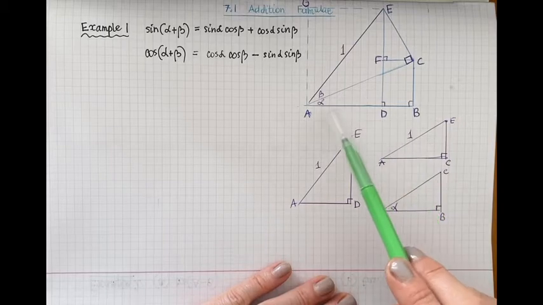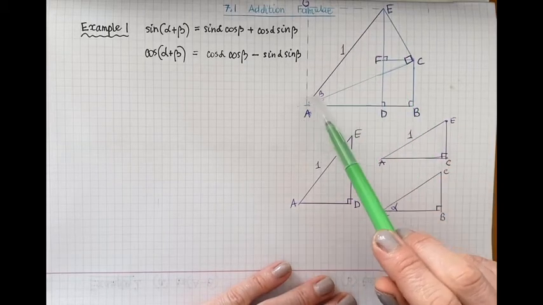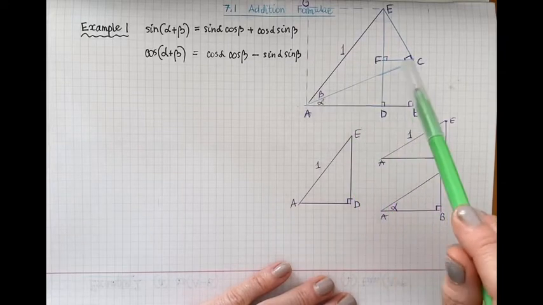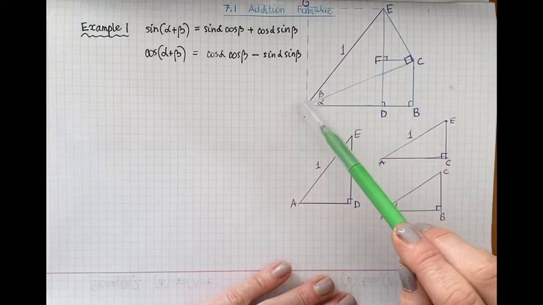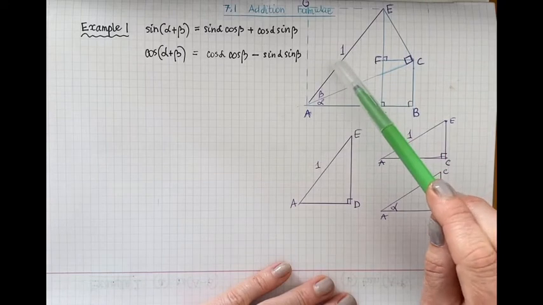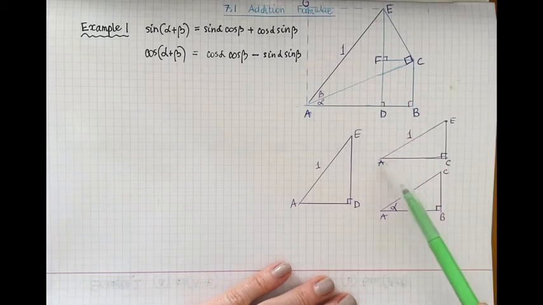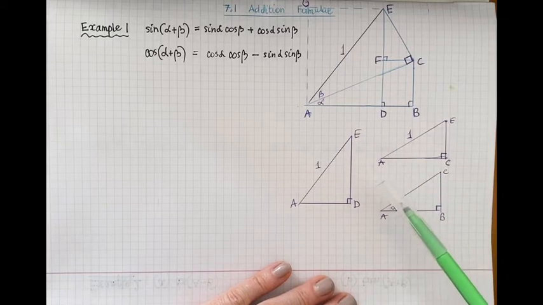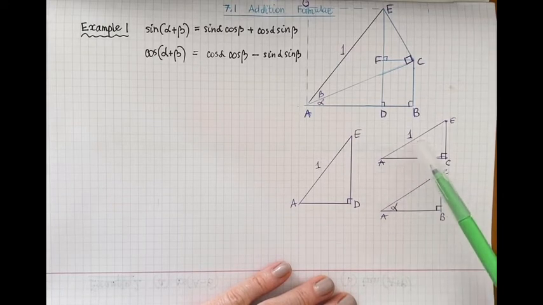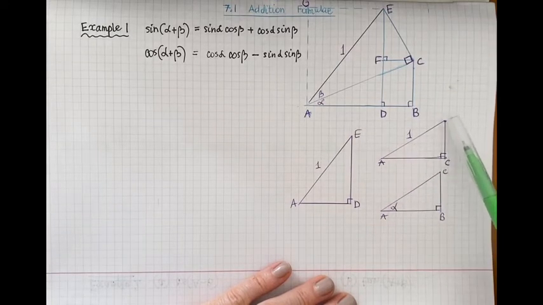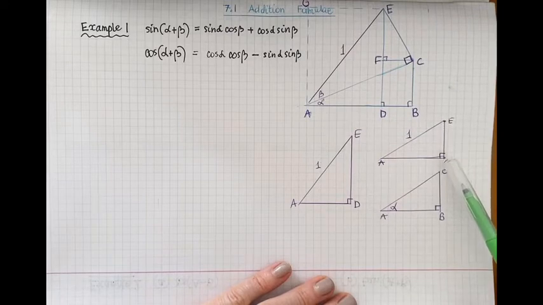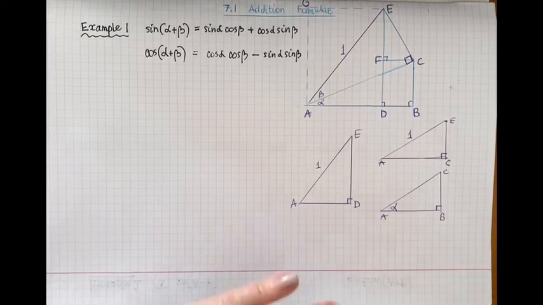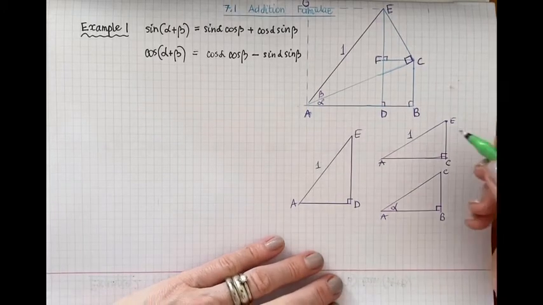The first thing we realize is that in this shape you've got a triangle ACE, and the length AE is of unit 1. So I've written it over here: AE is equal to 1. And then in this triangle, you can find the sides EC and AC by using simple trigonometry.